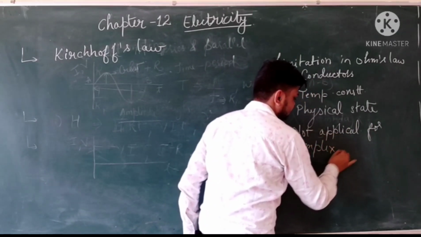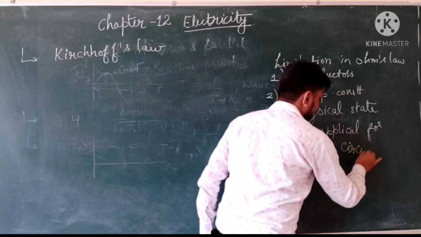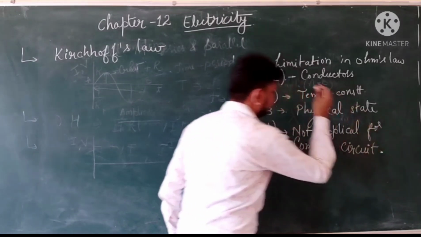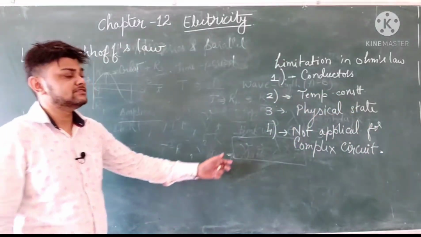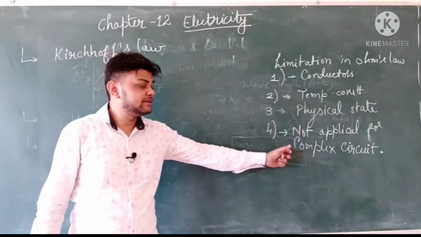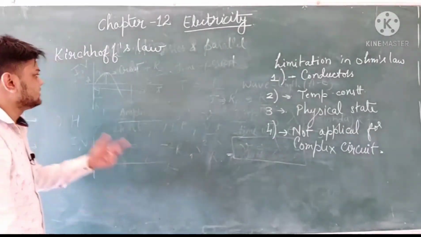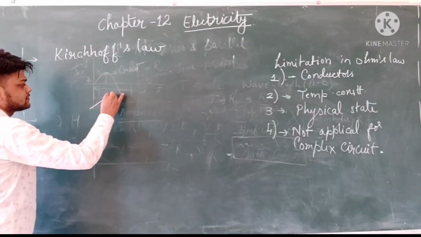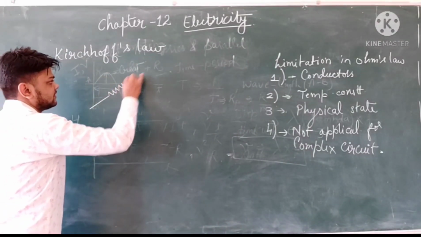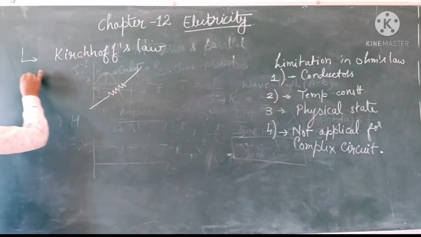This is one of the major limitations while finding any current or any potential across any wire while calculating equivalent resistance. So to deal with the limitation, let's take an example. Suppose I have a Wheatstone bridge.